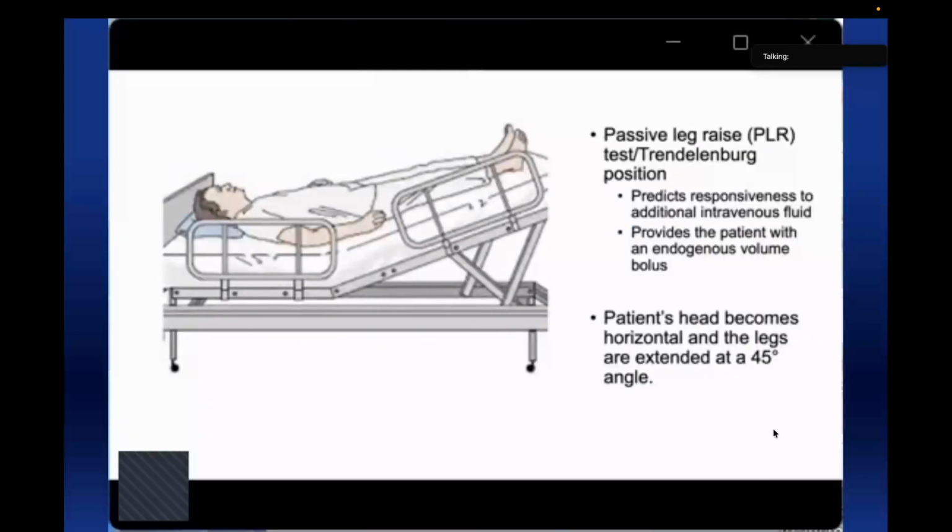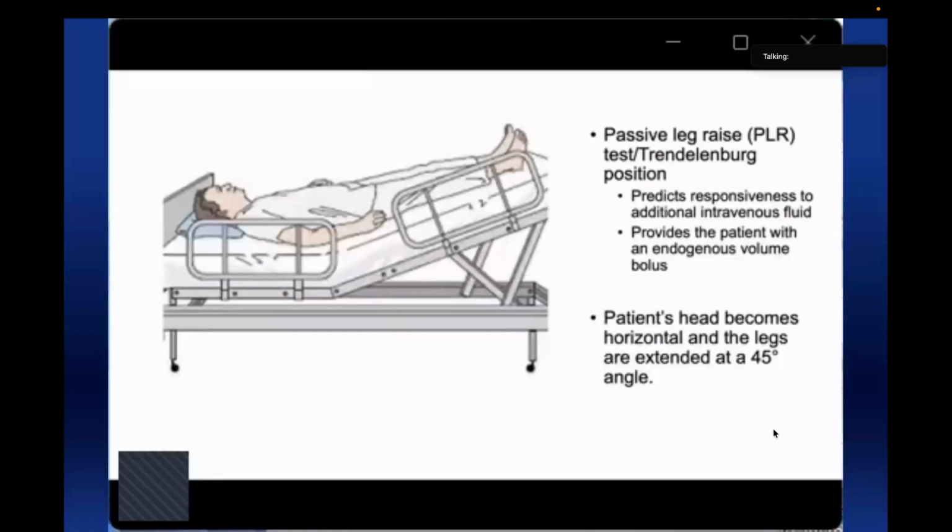This is a very common tool that we use in the ICU to see if your patient is volume responsive or not. We call that a passive leg raise test or Trendelenburg position.